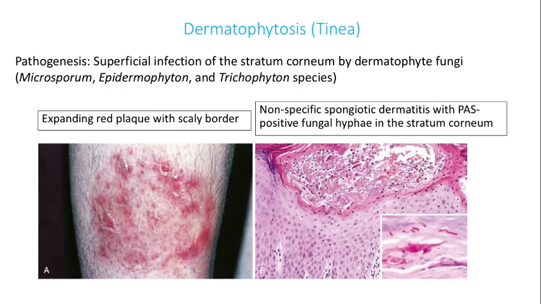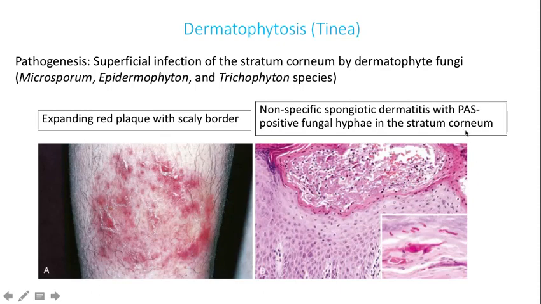The other thing you could do is a biopsy, which is what we're looking at here. Biopsy of dermatophyte infections are relatively non-specific because what you normally see is just spongiotic dermatitis, which you see in a lot of different forms of eczema, but you can also see that in tinea infections. This particular case is showing you some neutrophils in the stratum corneum, which can be a clue, but really the only way I know this is tinea and not something else is by doing a PAS stain.